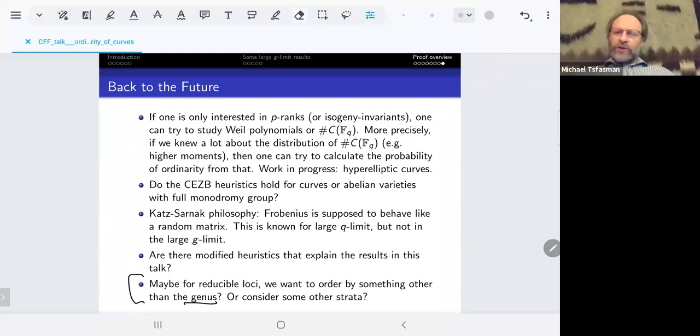Thank you. Other questions? I have a remark on the Katz-Sarnak philosophy. It looks quite plausible that for abelian varieties, it might be true for the large genus limit as well, though I have no idea why it should be true, but it's definitely wrong for curves.